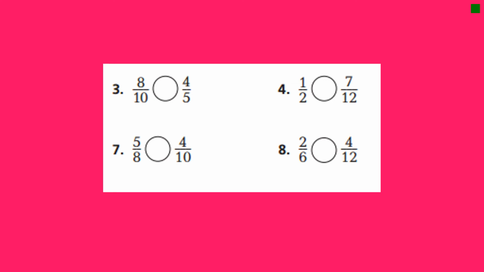All right, guys, so now we don't have models to look at. So we're just going to look at these fractions and let's start here with number 3. 8/10 compared to 4/5. Are they equivalent? Well, let's do this one with a model, okay?